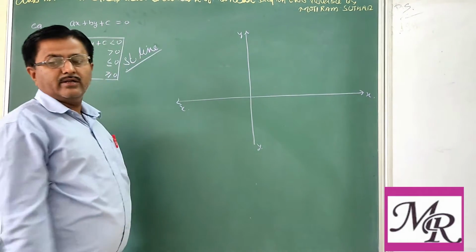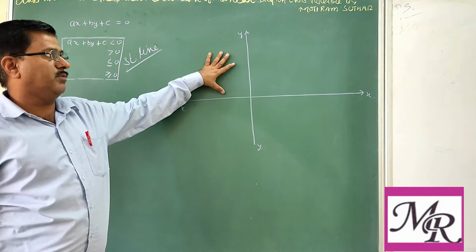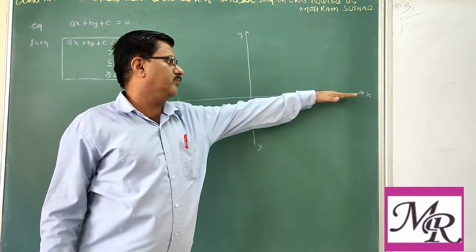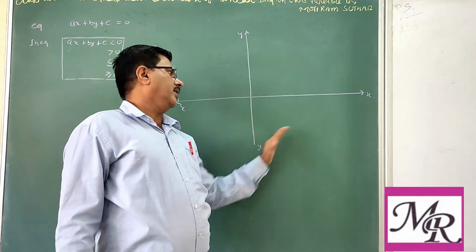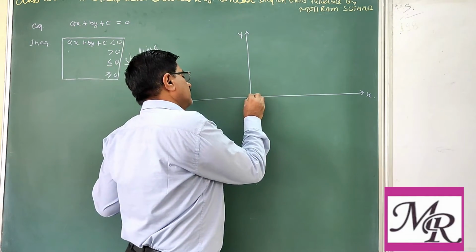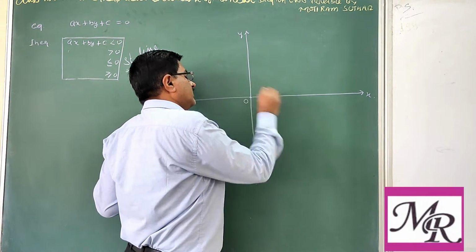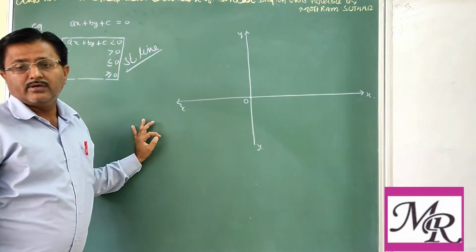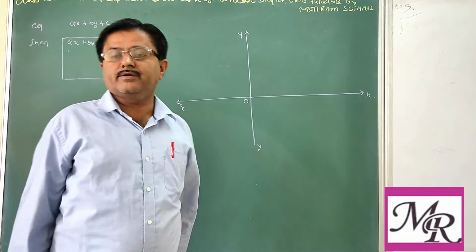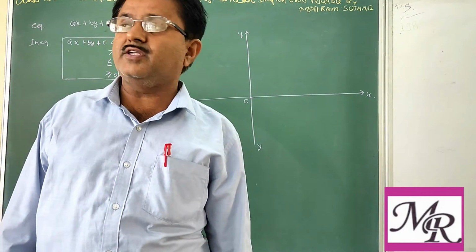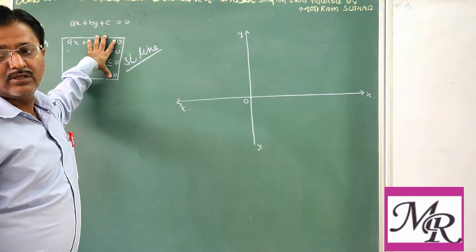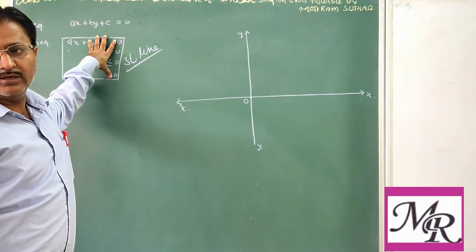As you know, the plane of the blackboard can be divided by two lines, one vertical and the other horizontal, and their intersection point we call the origin, and it divides the plane into four quadrants. Now when you are representing the graph of these inequalities, it will be a line.